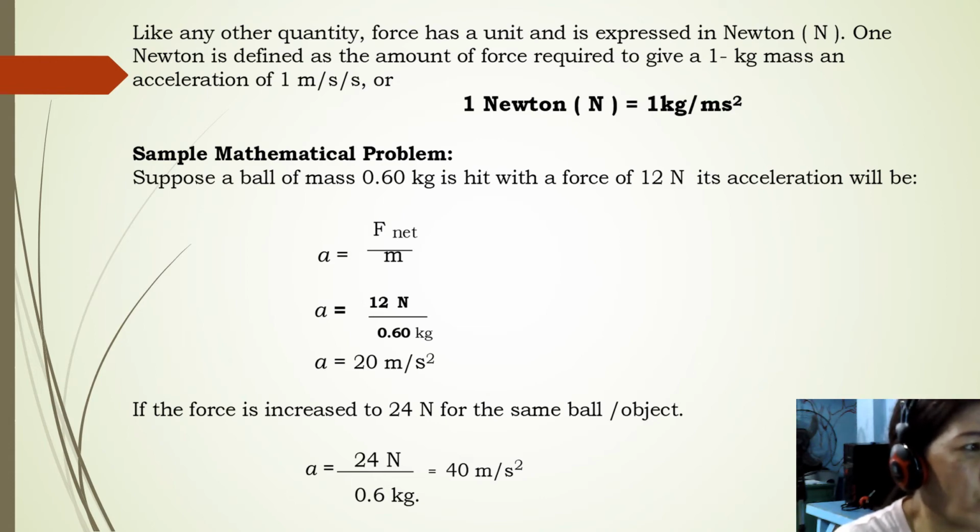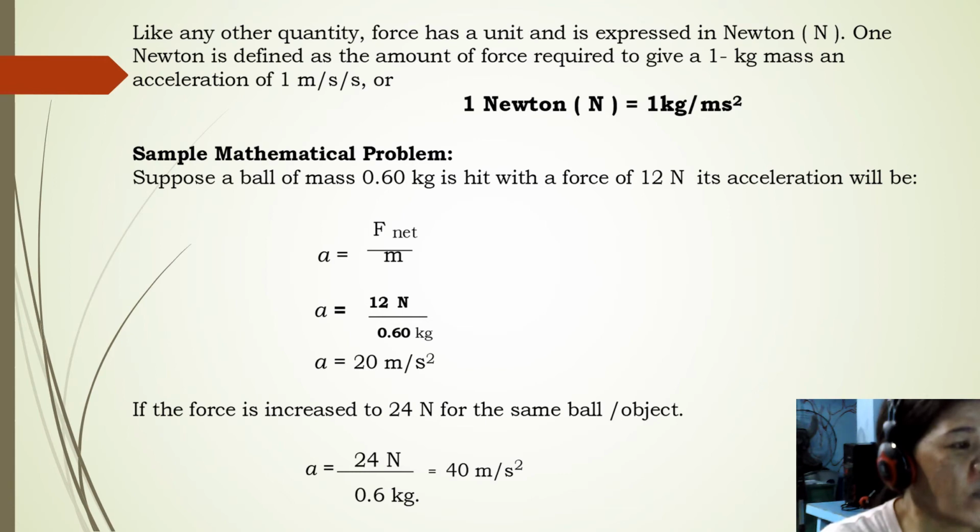Now, suppose a ball of mass 0.60 kilogram is hit with a force of 12 Newton. What do you think will be its acceleration? The equation would be acceleration is equal to net force over mass.